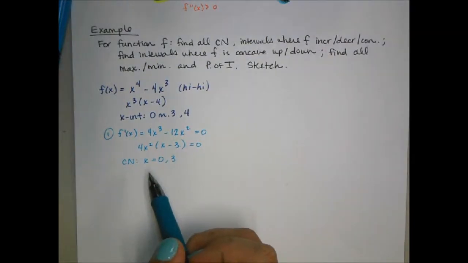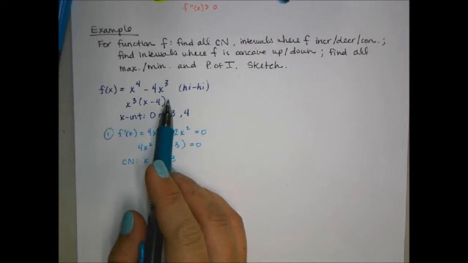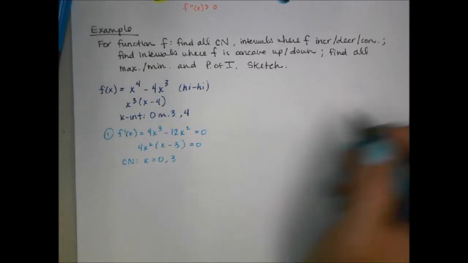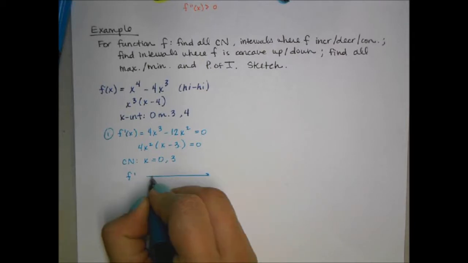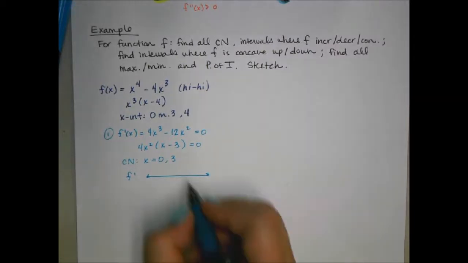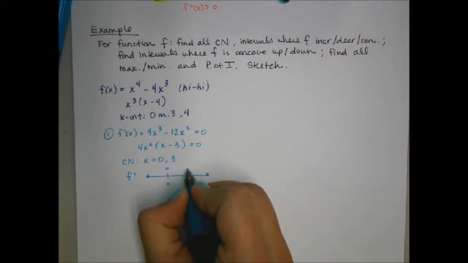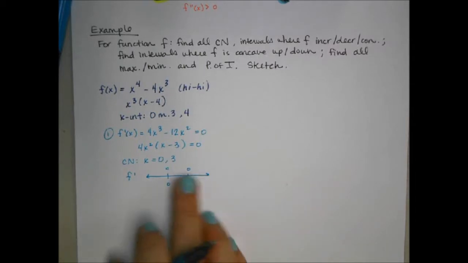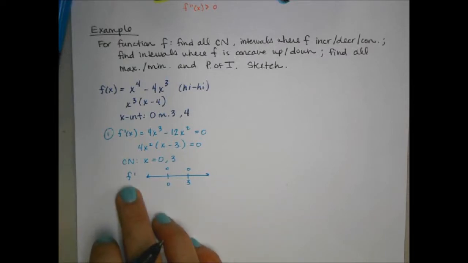So something's possibly happening here, like a max or a min. Okay. And so we're going to do our first derivative test and see what's going on. So 0 and 3 are both zeros of our first derivative, so I'm labeling this number line f prime. We're going to plug in some numbers in between to test.